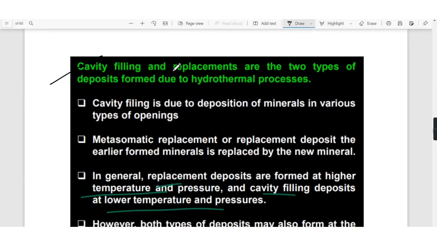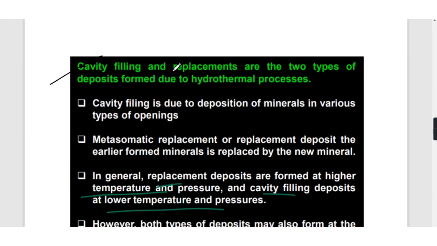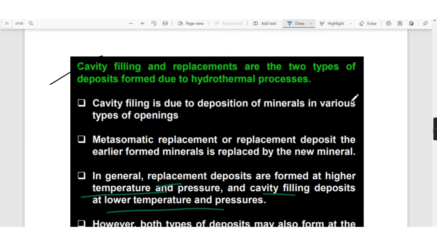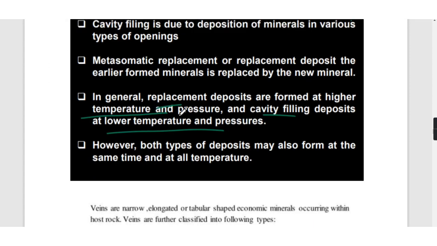So cavity filling and replacement are the two types of deposit which are formed due to the hydrothermal processes. An important point is that for the cavity filling deposition, there should be some presence of openings in the rocks, okay, and in the metasomatic replacement, the originally present minerals in the rock are replaced, and the replacement will cause the formation of new mineral in the rock.